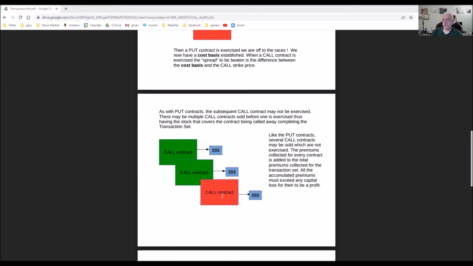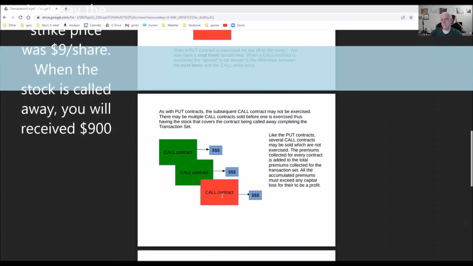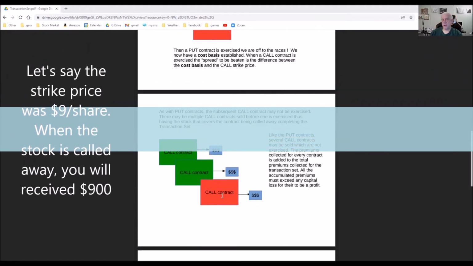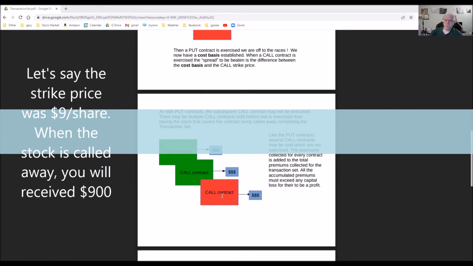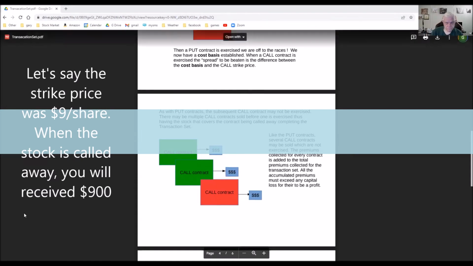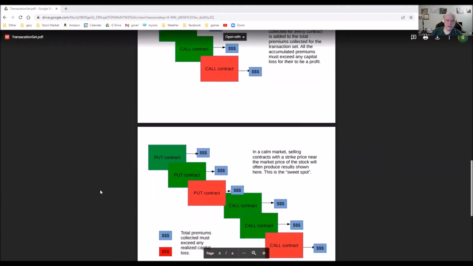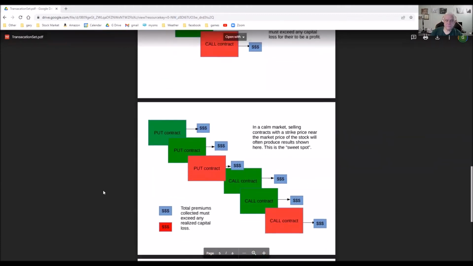And the third one is exercised, and the stock is called away, and the strike price money, that is what you sold the stock for, that cash goes into your account. Okay. But here again, the options accumulate. And that's the way it works.